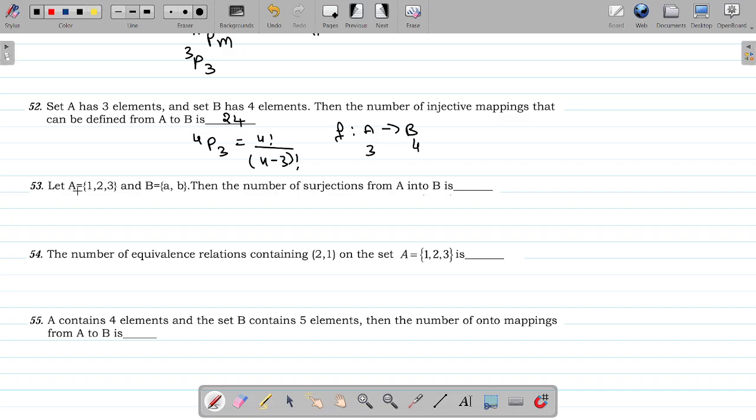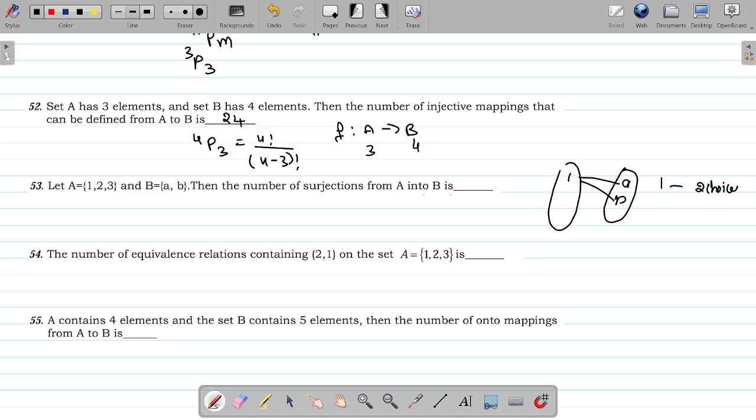Next, 53. Let A be the set 1, 2, 3 and B be the set a, b. Then the number of surjections from the set A into B. See, B has 2 elements, A has 3 elements. You have to find the onto functions. So first let us find the total number of functions. 1 can map with the 2 elements, so it has 2 choices, right? 1 can map with either a or b. 1 has 2 choices.